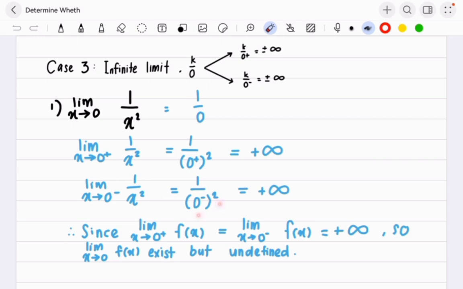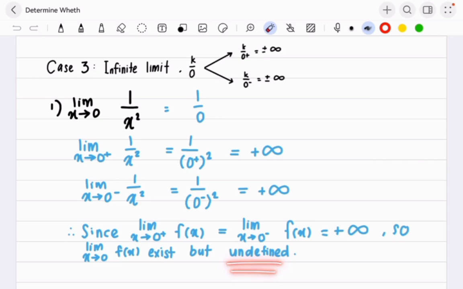So you will get positive infinity. So since limit x approaching 0 from the right, f(x) is equal to limit x approaching 0 from the left, f(x) is equal to positive infinity, your limit x approaching 0, f(x) exists but is undefined.